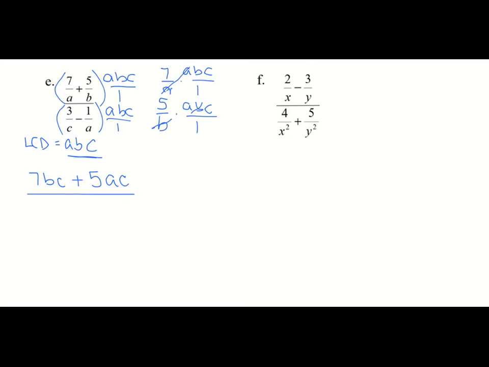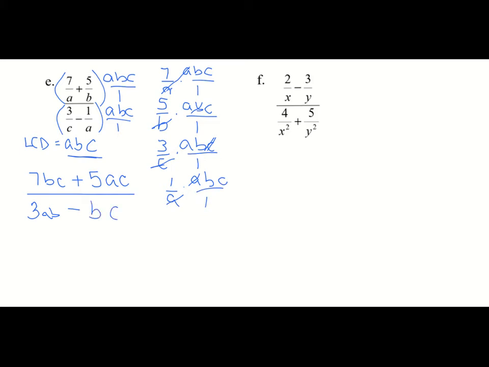Now next we do 3 over C times ABC over 1, and my C's will cancel, leaves me with 3AB minus, and then 1 over A times ABC. My A's will cancel, and it leaves me with BC.